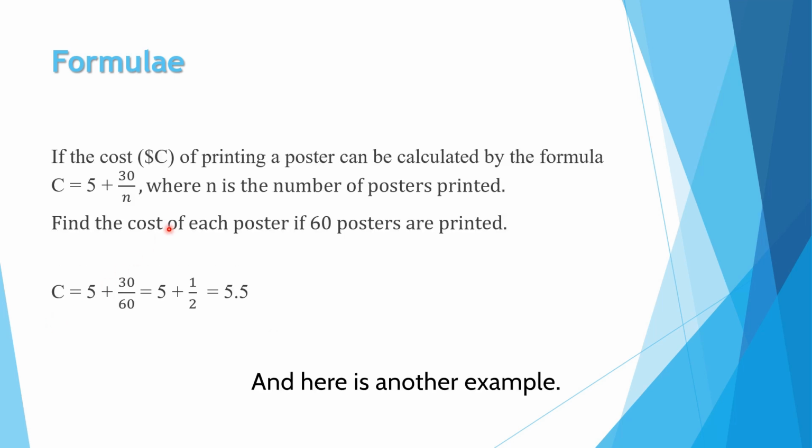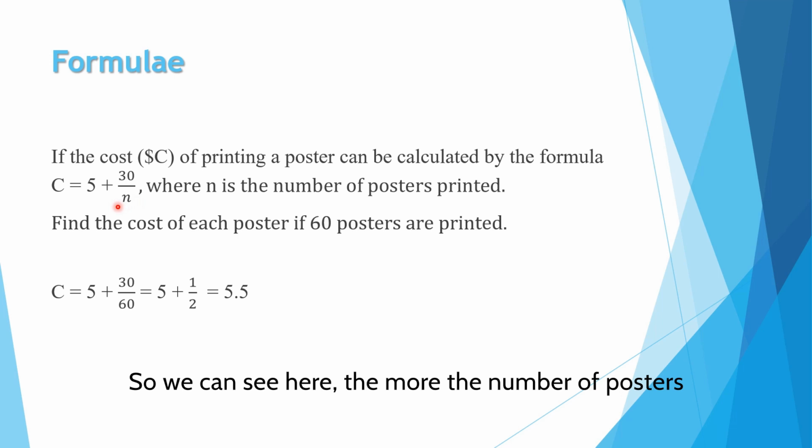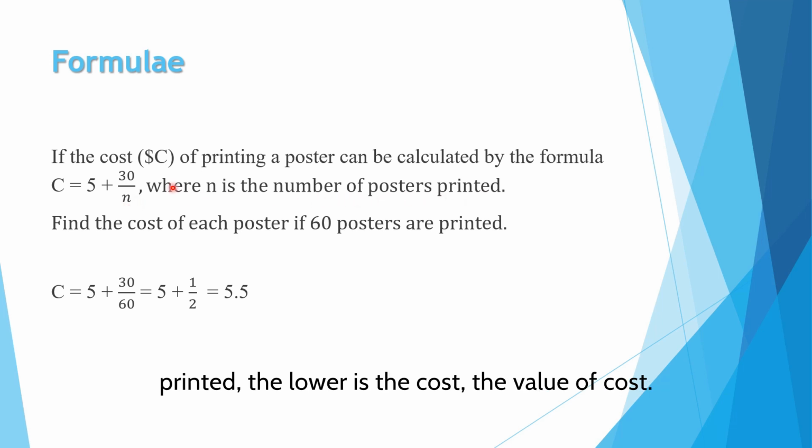And here is another example. Let's say we have the formula C equals 5 plus 30 over n, which is the cost of printing a poster. So we can see here, the more posters printed, the lower the cost.